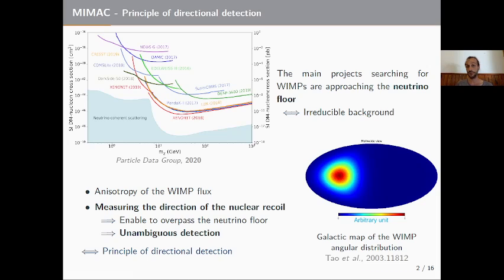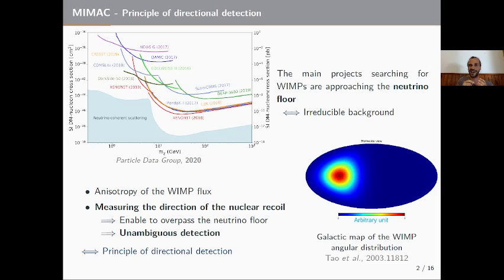As you know, the main direct detection projects searching for WIMPs are approaching the neutrino floor, which is a theoretical boundary beyond which it is not possible to discriminate between a WIMP signal and a neutrino signal. So far, the only known way to overcome this irreducible background is to use the anisotropy of the WIMP flux, because we suppose that the WIMP would enter a detector with a favored direction.